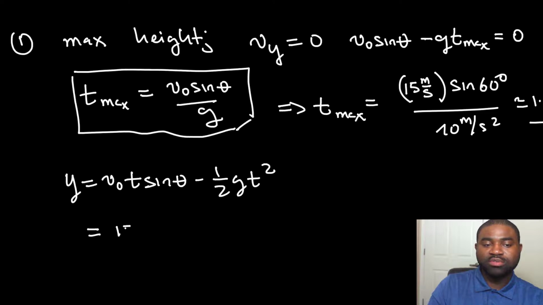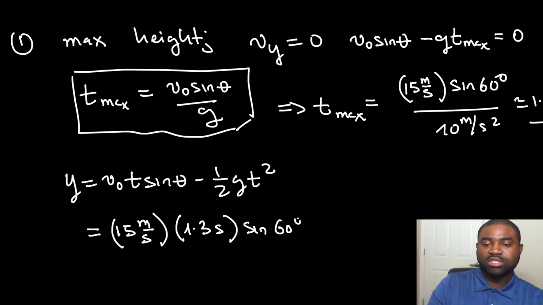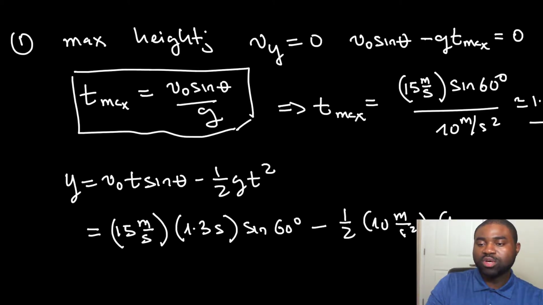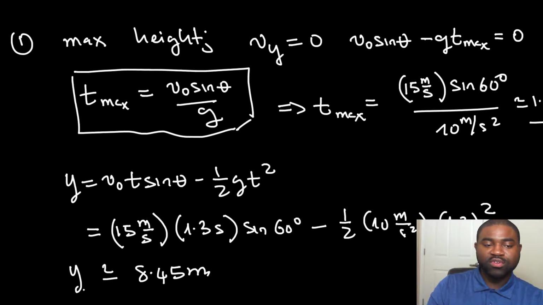So that becomes 15 meters per second multiplied by 1.3 seconds, the sine of 60 degrees, minus 1/2 times 10 meters per square second times 1.3 seconds squared, and this will give you about 8.45 meters.